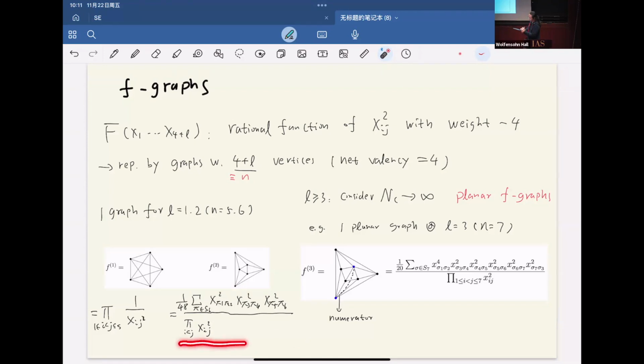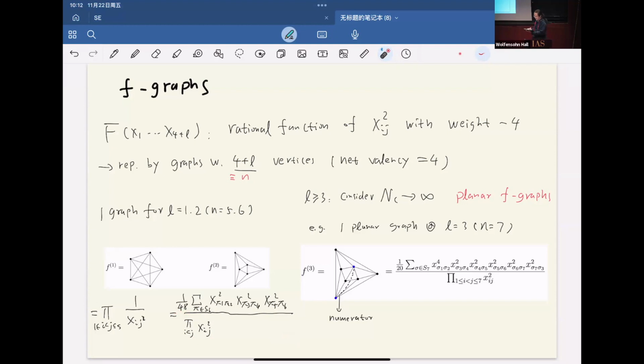So the expression is actually as follows: a single graph representing all the permutations of all these vertices with valency 4. And there's a normalization factor, a symmetry factor, so that every term appears with coefficient 1.